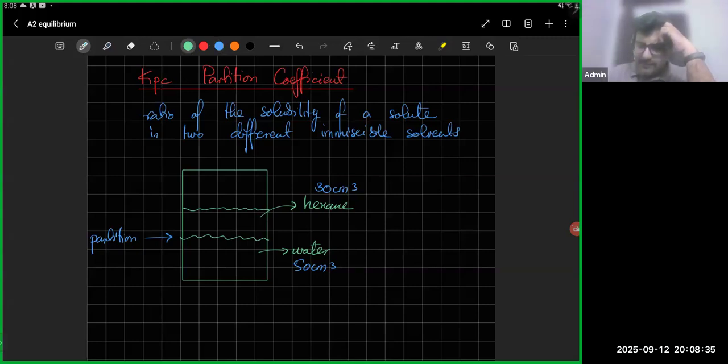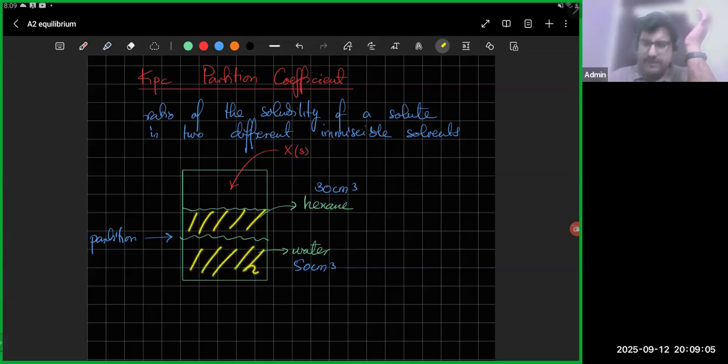Now, if I try to dissolve a solute into it, let's say NaCl, or instead of NaCl, I'm just going to call it a solute, X. It could be a salt. The solute can mix with the hexane layer and it can also mix with the water layer. It can mix with both of them.